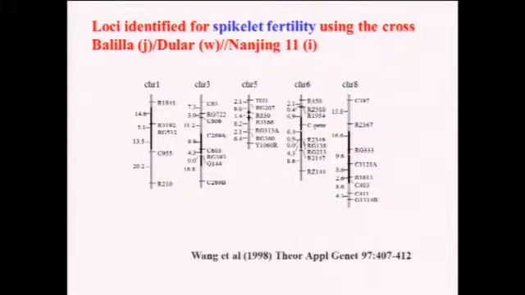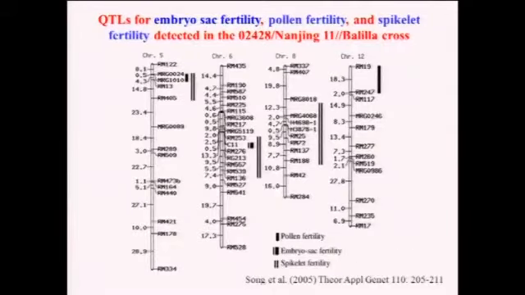We mapped loci controlling indica-japonica wide compatibility in the germplasm. Again, we identified the locus on chromosome 5 playing a very important role in controlling hybrid fertility. And in another cross, we dissected the effects of pollen fertility, embryo sac fertility, and spikelet fertility. We see the contributions of pollen fertility and embryo sac fertility co-localizing at the S5 locus.